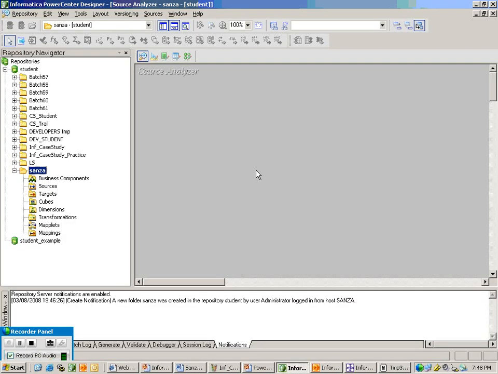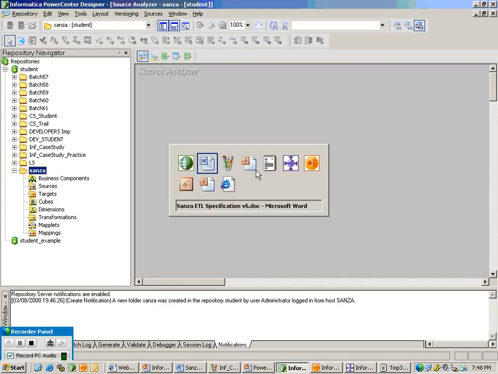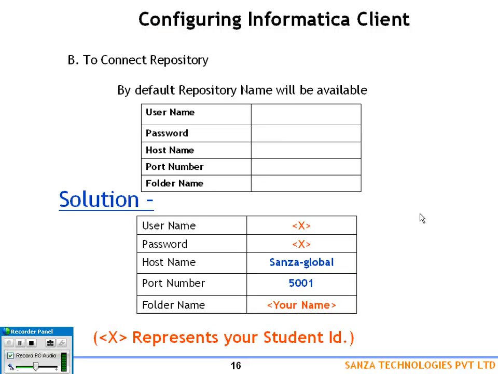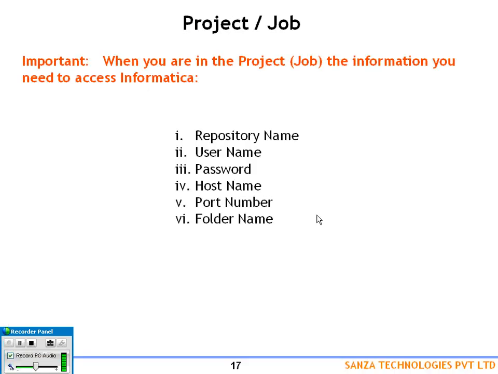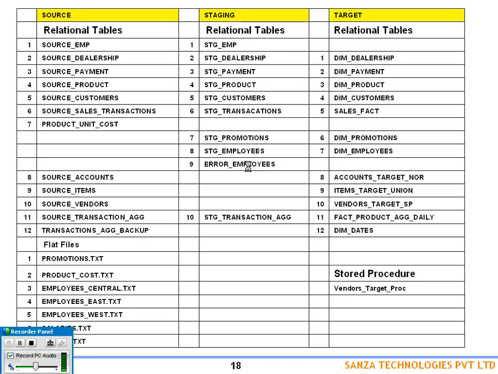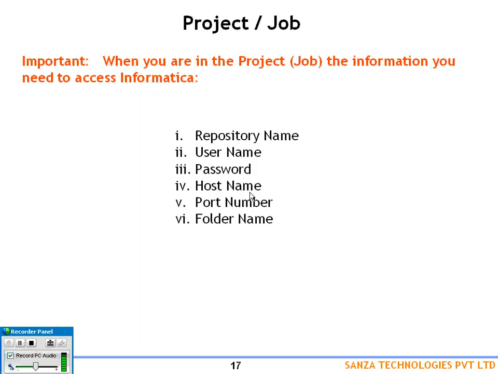When you go into projects, or when you get a job and are working on projects, you should ask the ETL lead or Informatica administrator to provide you with the repository name on which you are going to work, username, password, host name, port number, and the folder name.